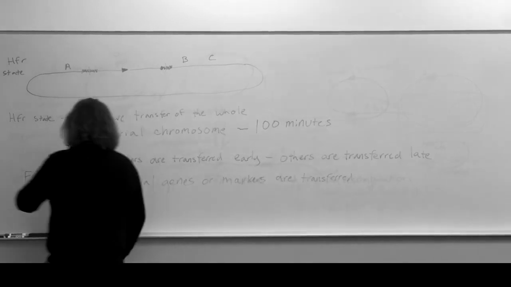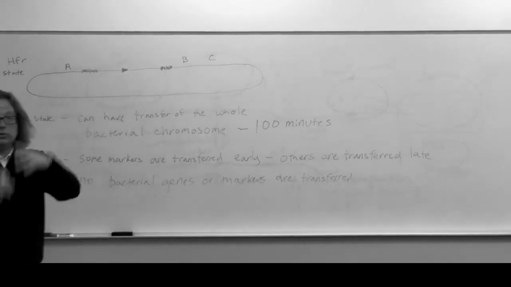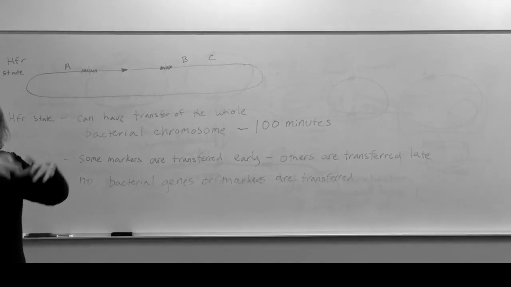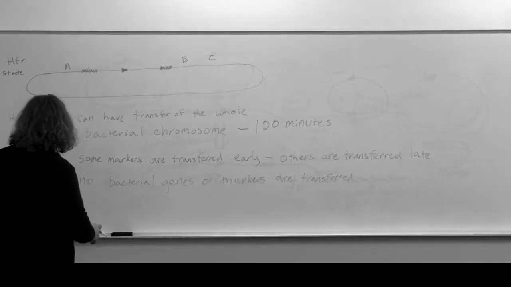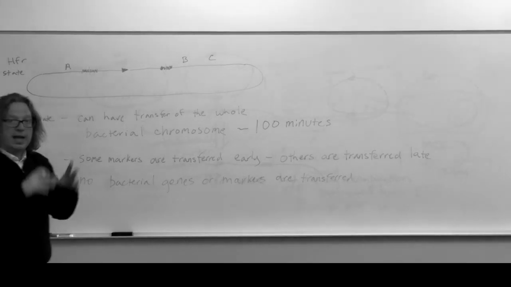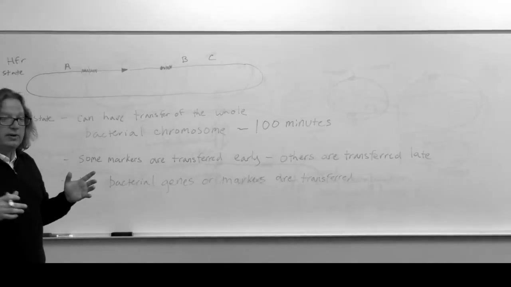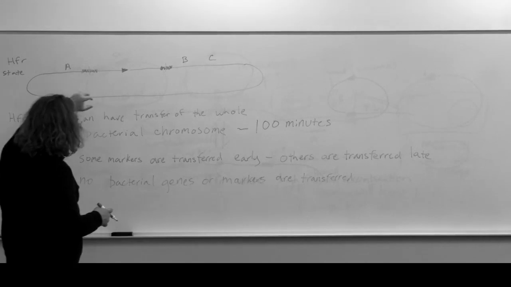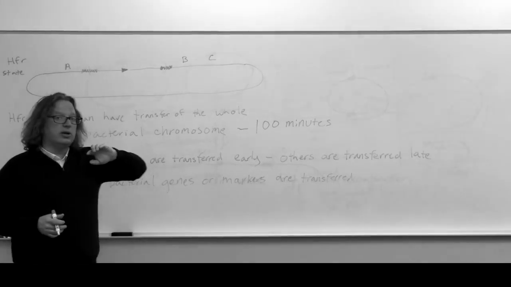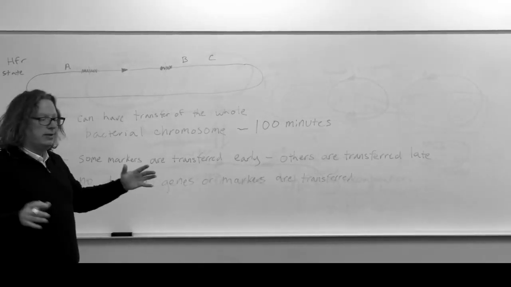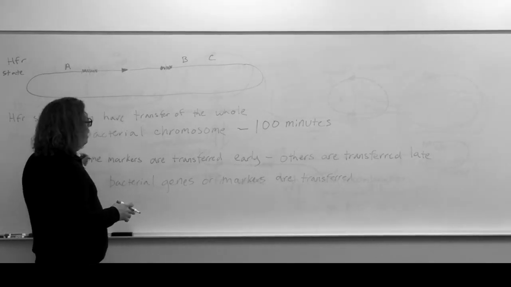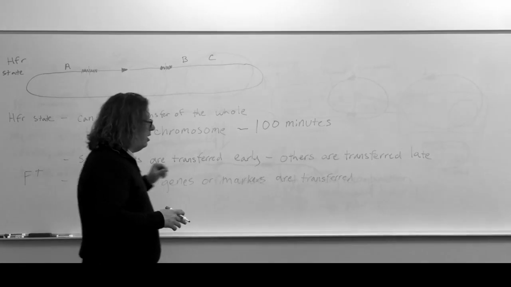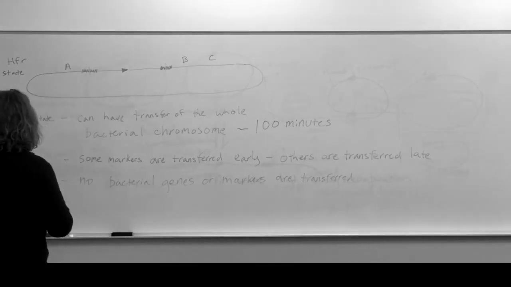In the F plus state, where the plasmid is sitting episomally outside the bacterial chromosome, you just have a transfer of the plasmid itself and not a transfer of any chromosome markers. But once the plasmid gets inserted into the target genome, then it carries all of these bacterial loci, all of these markers along with it, and it will attempt to transfer the entire bacterial chromosome.